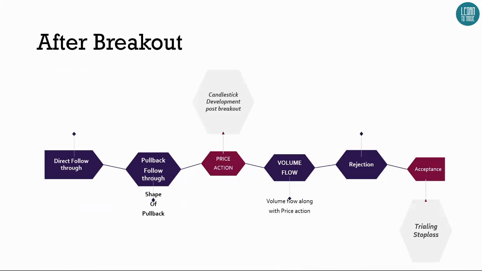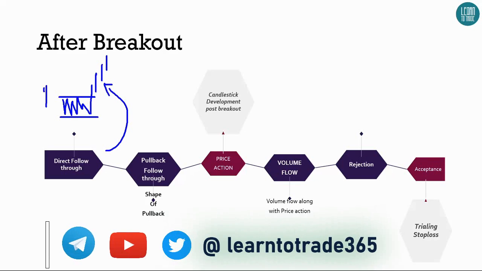Okay, so let's go back to the flow chart again. Once price makes a breakout, there are a few basic parameters which we need to look at. First is the follow through, direct follow through. That is, once price is in a sideways mode and makes a breakout, it straight away moves up. This is called direct follow through on the direction of breakout.